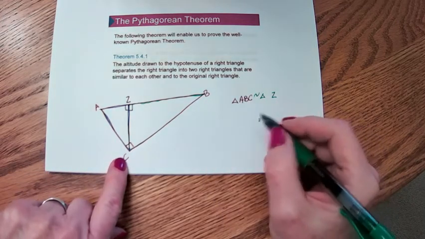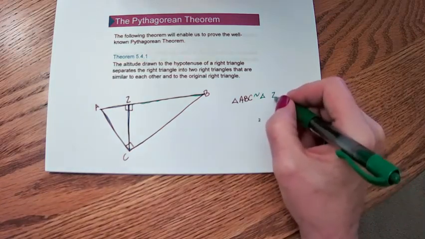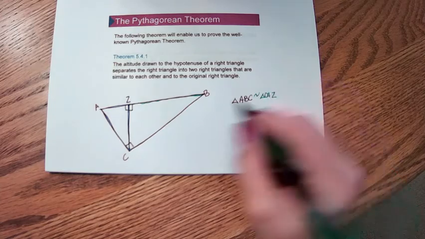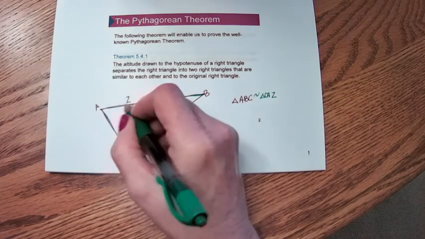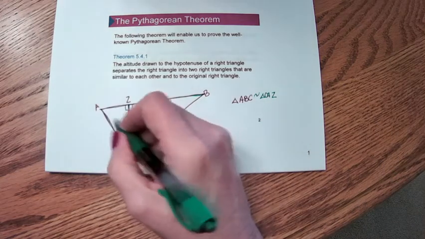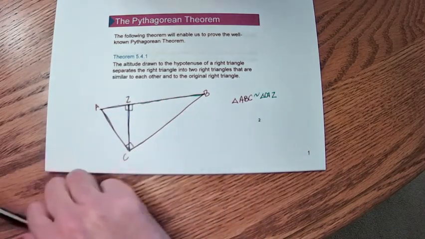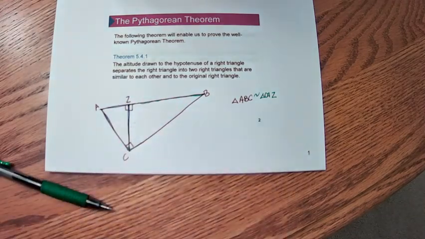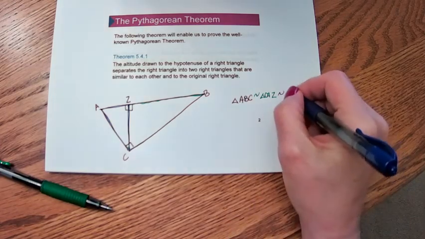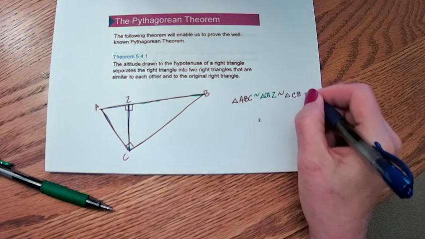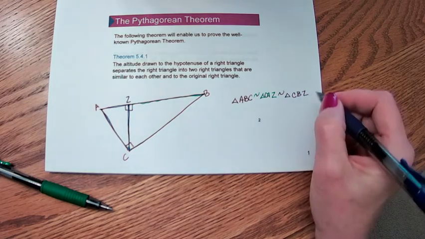So that's going to be, in this case, A. C, A, Z. And then for this triangle, what's the third one? That's similar to triangle C, B, Z.